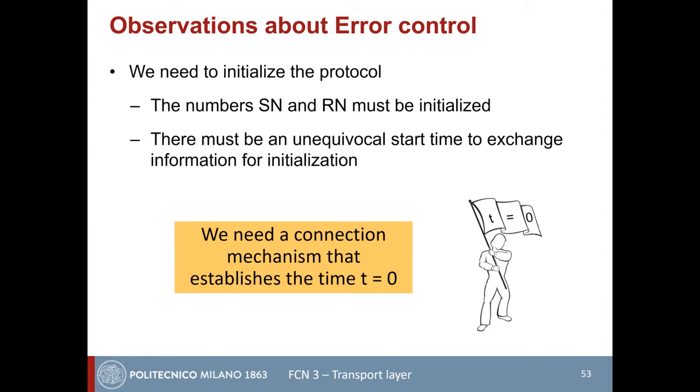And this must be done in an opening phase where A and B, the two entities that are connected, agree on a specific value of Sn and a specific value of Rn in both directions. And this will require a setup phase in all this kind of mechanism of error control. Now we will look more closely at the mechanism used in TCP, and you will see that in the setup phase also the sequences are initialized.